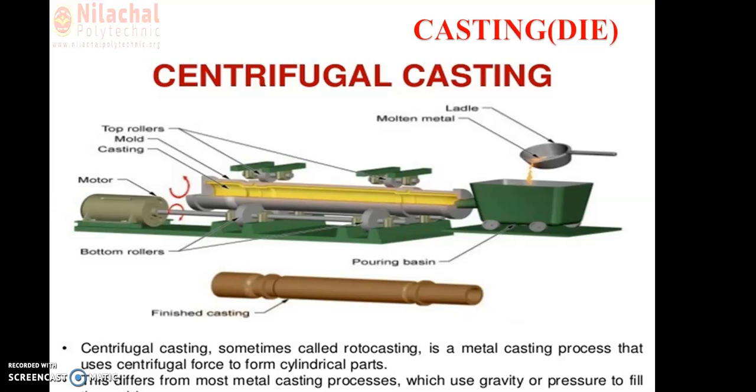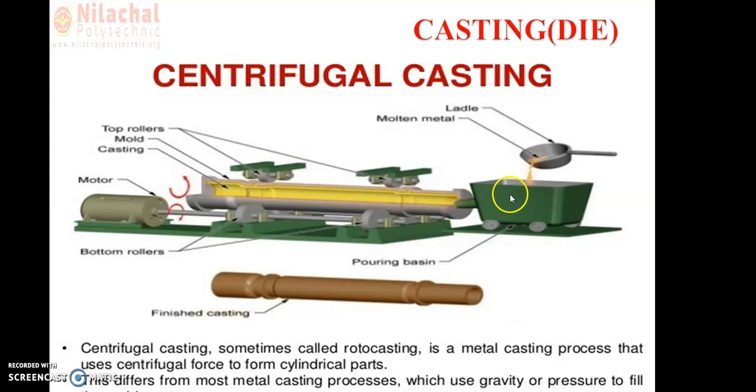Various types of centrifugal casting are available, which we will discuss. First of all, let us discuss true centrifugal casting. If you go through this slide, we can find that here we have a motor, a mold, and a ladle.